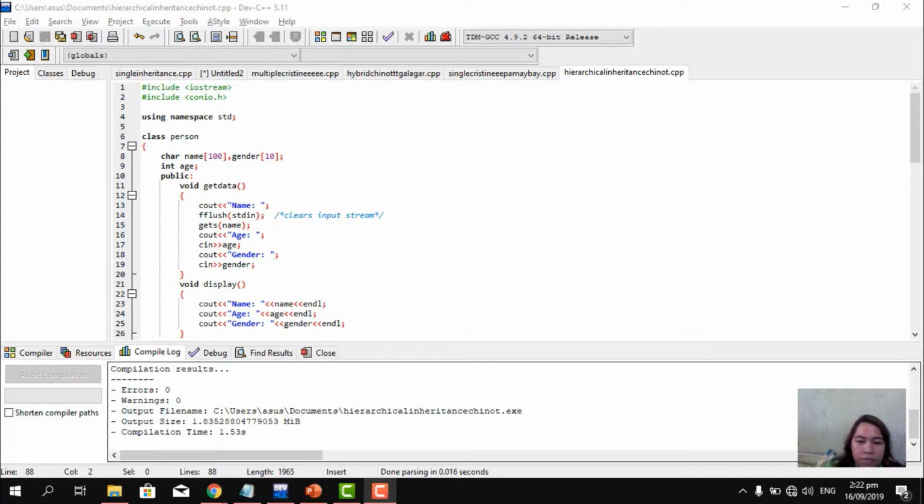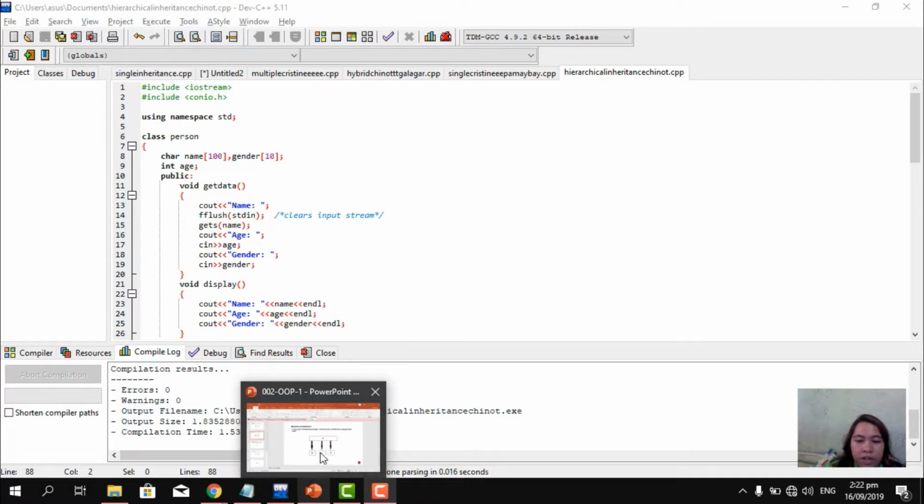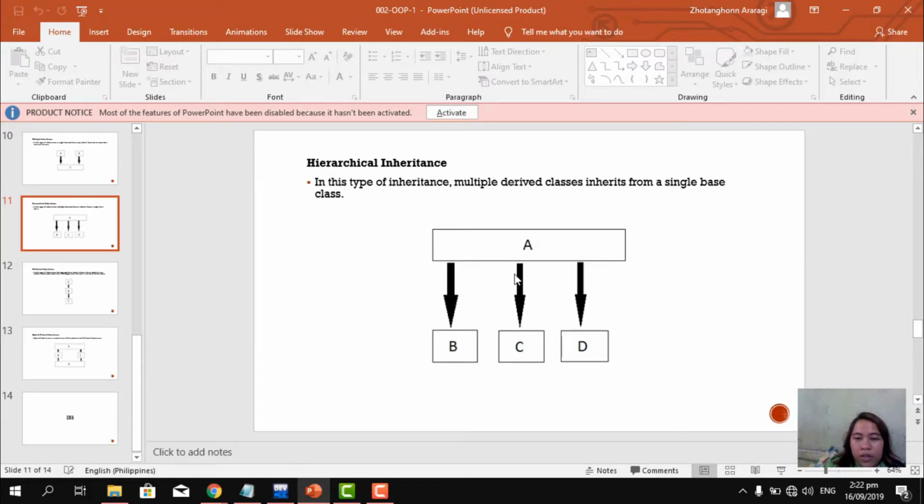So this is the diagram of a hierarchical inheritance. This is the base class, and these are the derived classes: derived 1, derived 2, derived 3. The base class is also known as the parent class, and the derived classes are also known as the child classes.